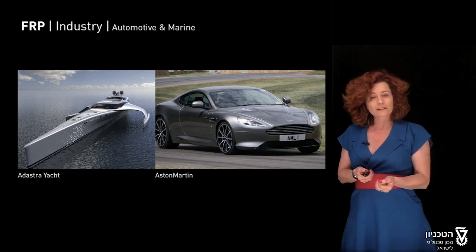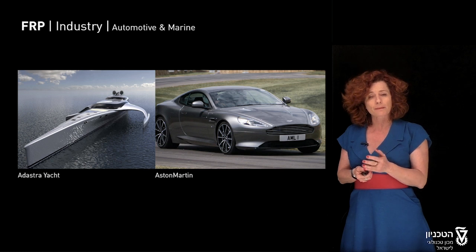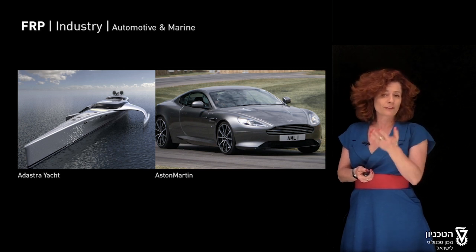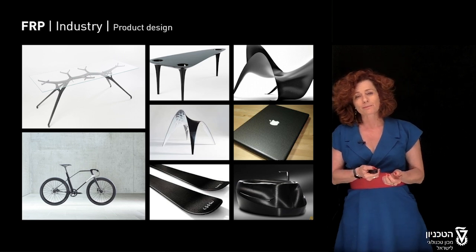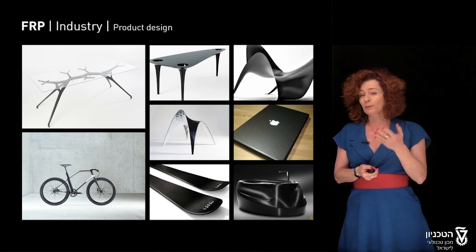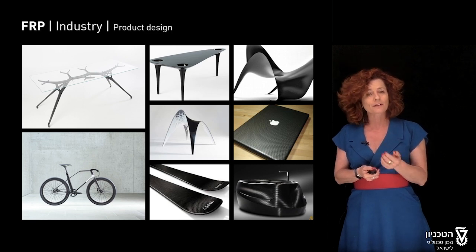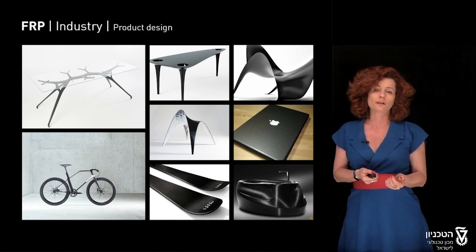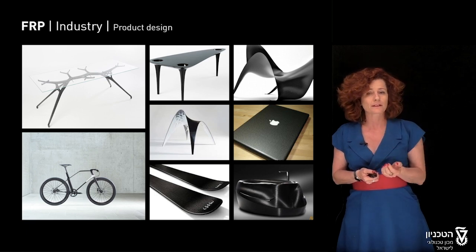So they're highly resistant to these environmental conditions and suitable to this application of yachts and boats, etc. But not only that, also the performance of the material is highly suitable for sports and other challenging forms or structure where it is required for a certain design, as we see here in product design.